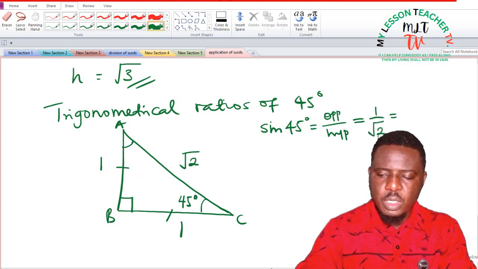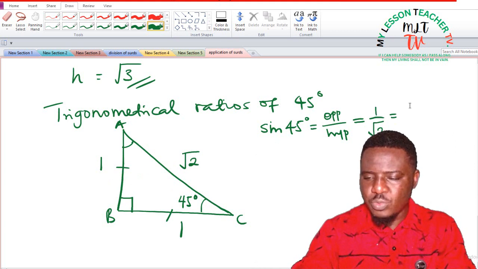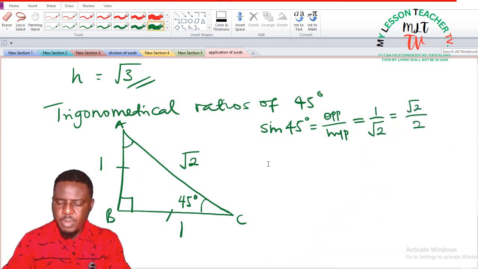And 1 over root 2, when you rationalize it, is equal to root 2 over 2. Remember, we don't leave an irrational number as a denominator. So whenever you see an irrational number as the denominator, always rationalize it.